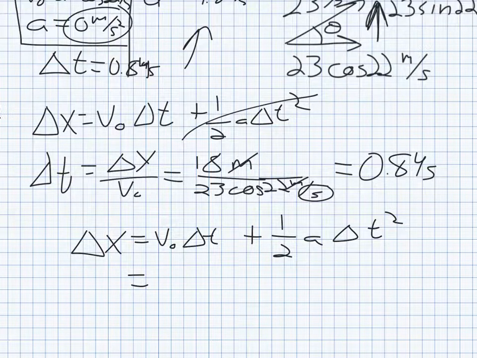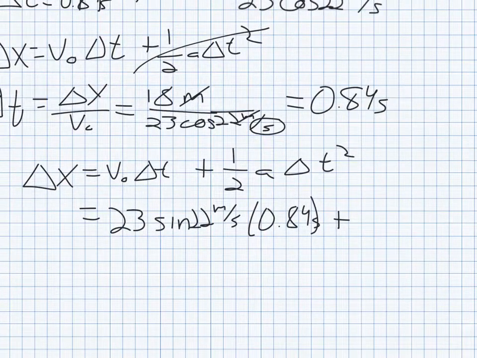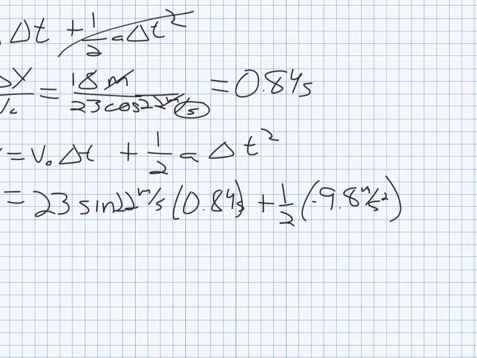The initial velocity was 23 sine 22 meters per second, times the delta time, which we just figured out is 0.84 seconds, plus 1/2 of a, which I'm making negative because it's downward, meters per second squared. And I have to multiply by the time, which we found was 0.84 seconds, and I have to square that. Okay. So this should be everything I need.